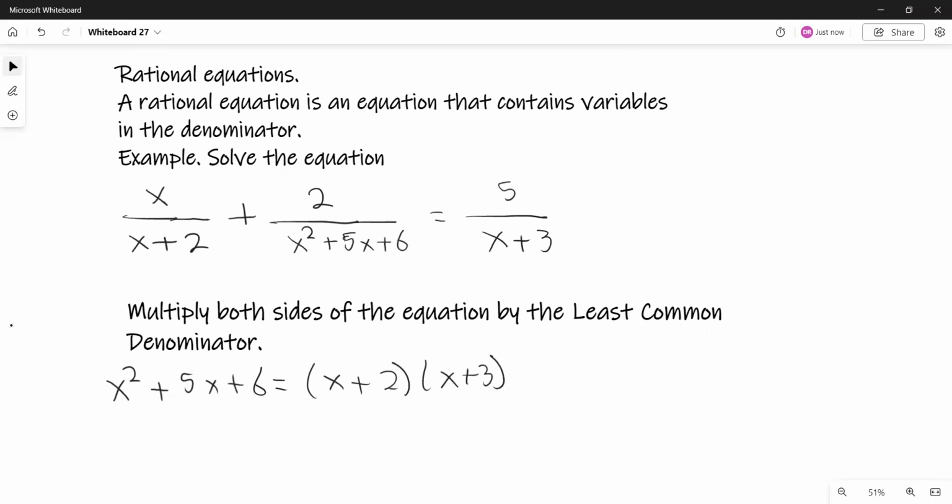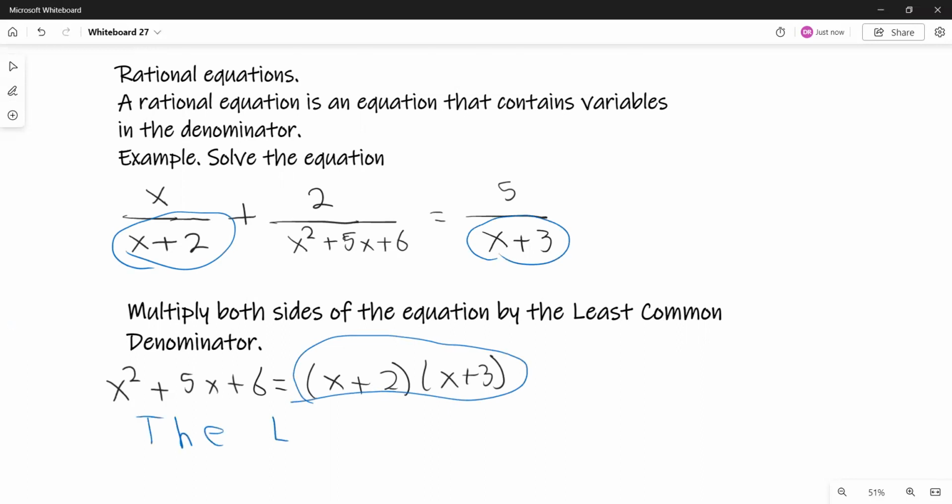So the denominators are x plus 2, x plus 2 times x plus 3, and x plus 3. The least common denominator is x plus 2 times x plus 3.